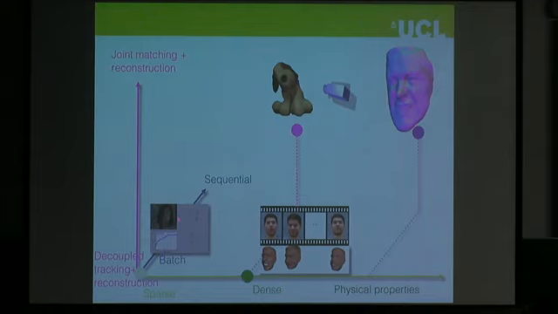We moved on to dense reconstructions, and now I've shown you how we can jointly do the matching by solving a photometric optimization and also recover very high frequency details. So we're recovering now the physical properties. So we really have moved on a lot in the sense of recovering dense 3D surfaces from monocular video.